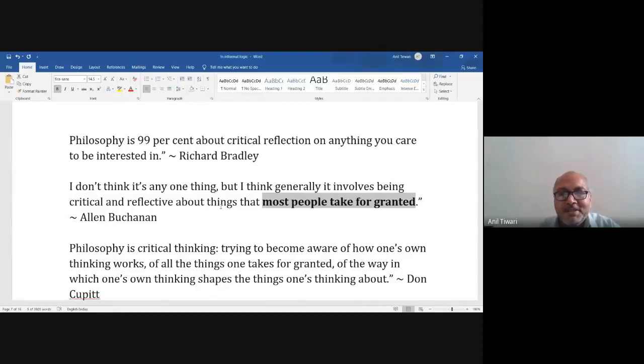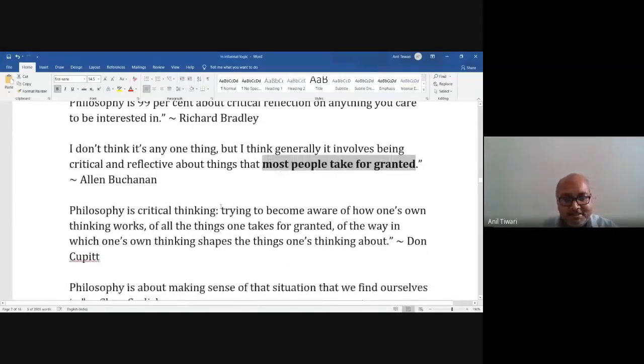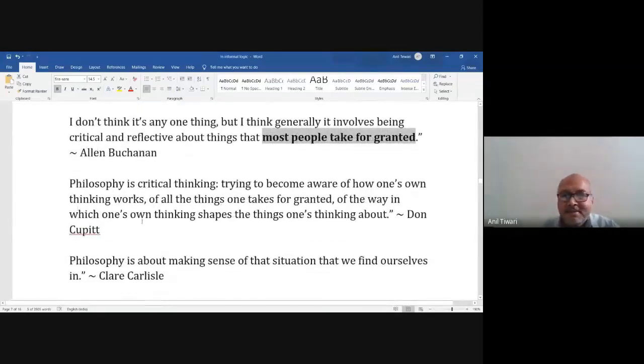And you know, if you take something for granted, it is not so good, right? Because the kind of being we are, we need to be sensitive towards each and everything, each and every reality which we live in. So Buchanan's definition is interesting in that way. Derek Parfit, what he's suggesting, philosophy is critical thinking.